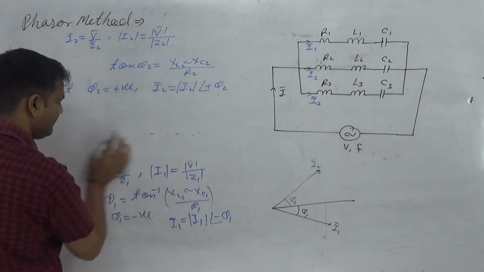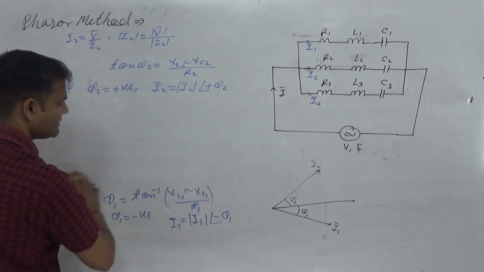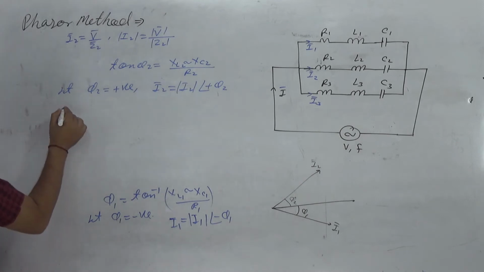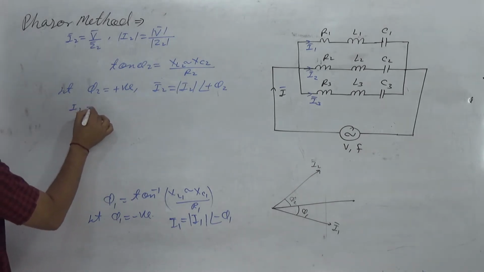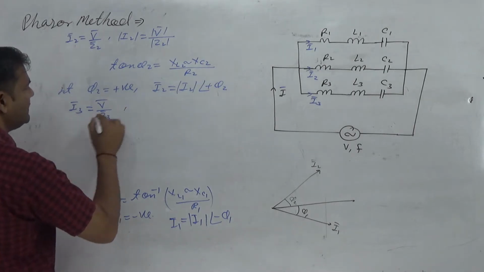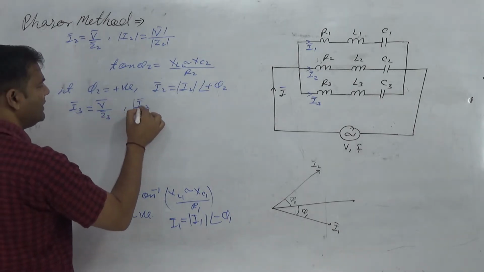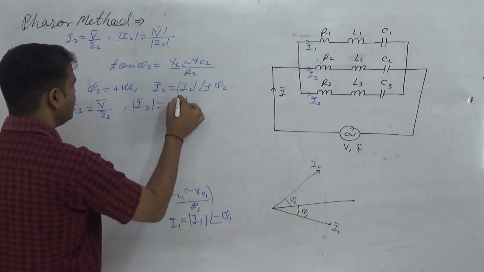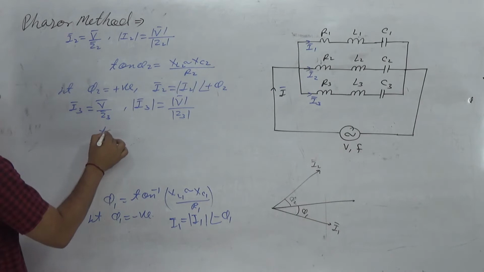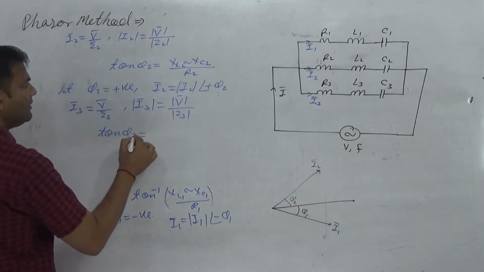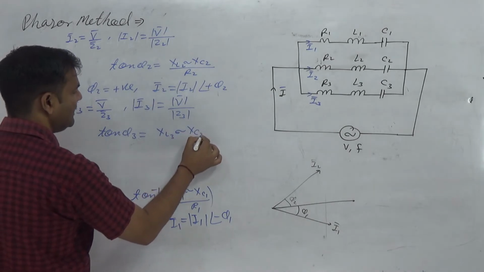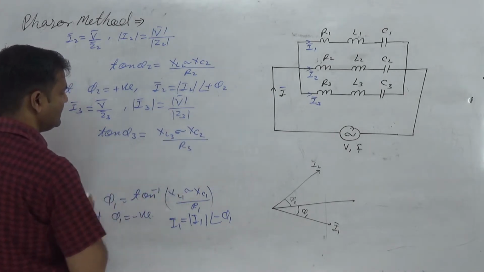Next target, what about I3? I3 is written as V divided by Z3. In magnitude, I3 is written like this. What about tan phi3? Tan phi3 is XL3 divided by R3.